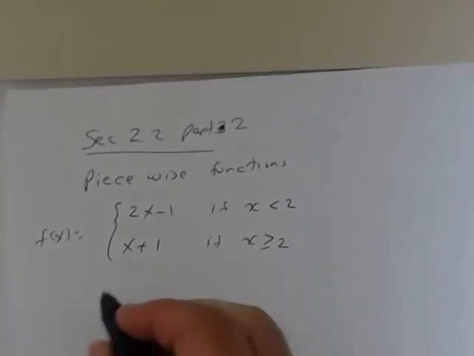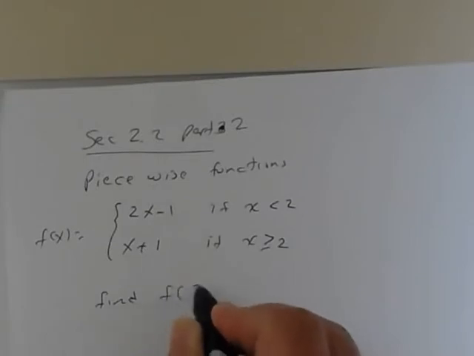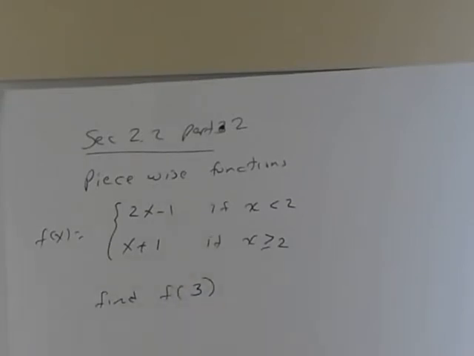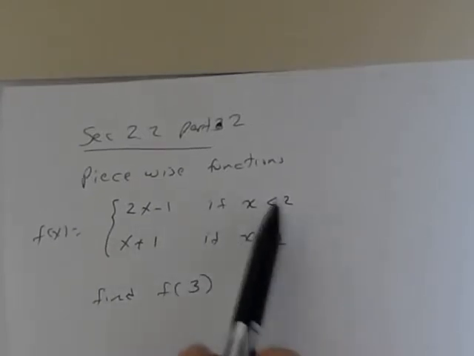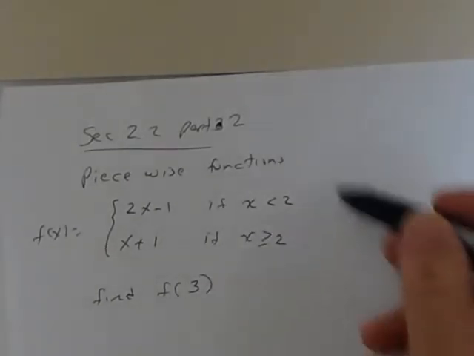So let's talk about this. Let's go ahead and find f of 3. All right, listen carefully. This says, what is the y value when x is 3? Okay, so remember a while ago we talked about the different domains? So this part right here is my domain.